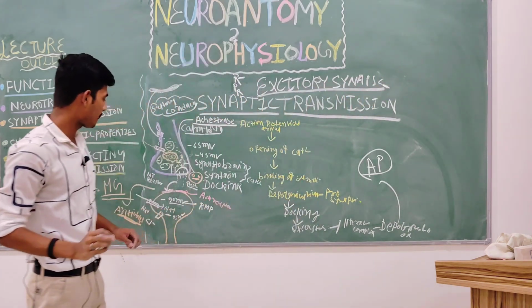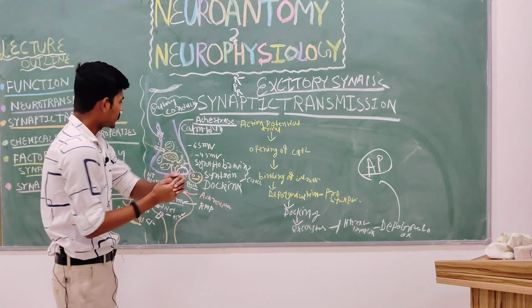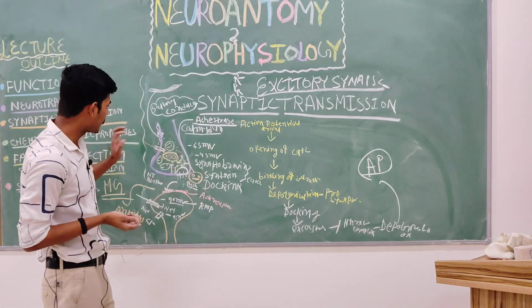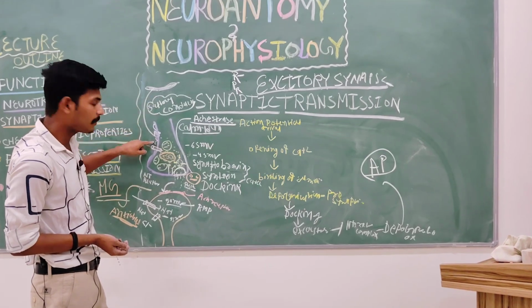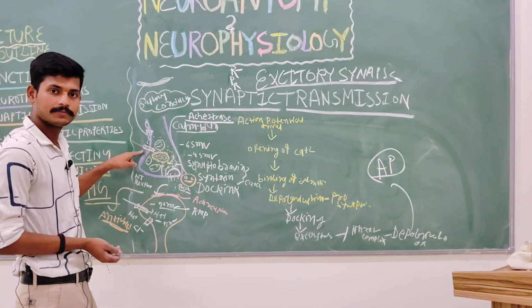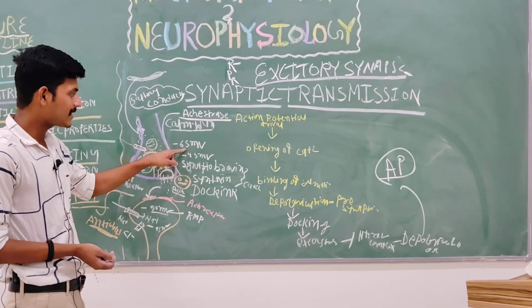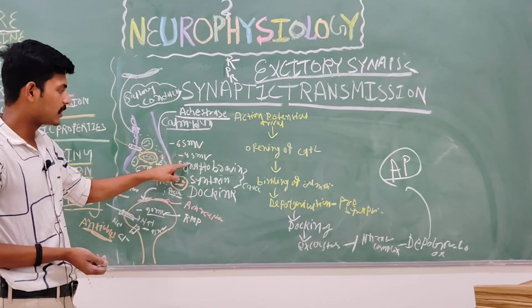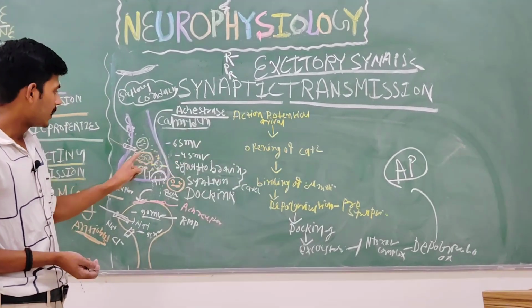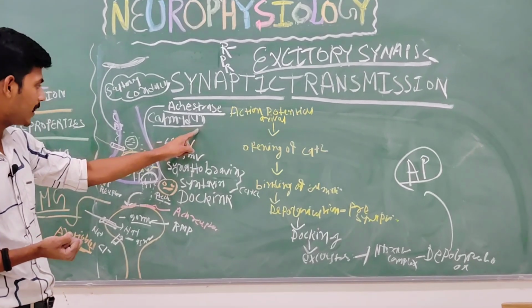Understood. So once again, just revise it. What is happening here? Action potential coming. They in turn open the calcium channel. There will be an increase in the charge from minus 60 millivolt to minus 45 millivolt. There is a binding of calcium with the calmodulin protein.